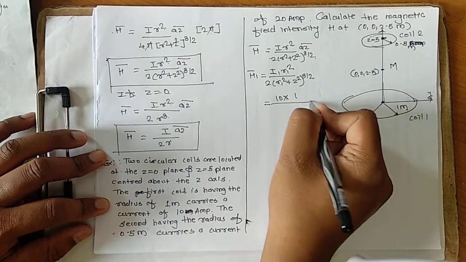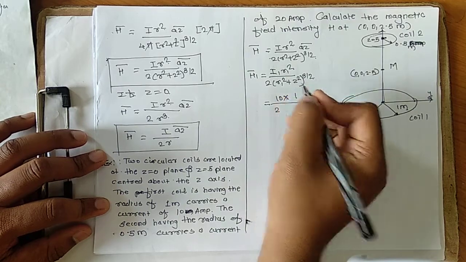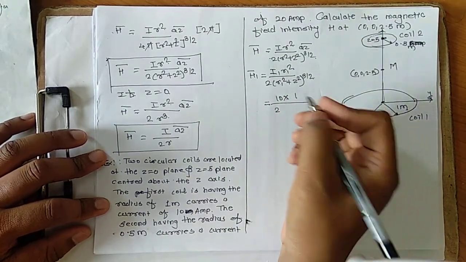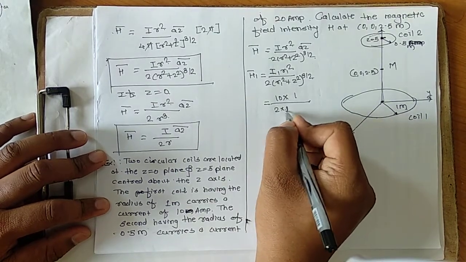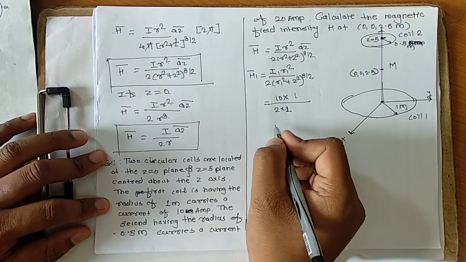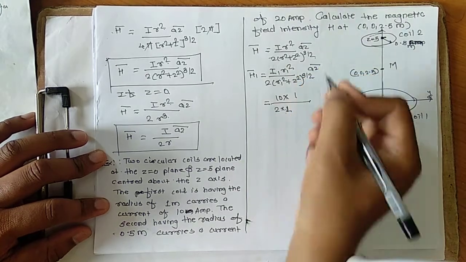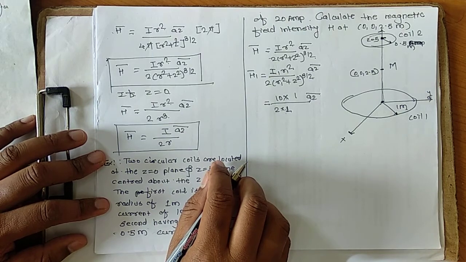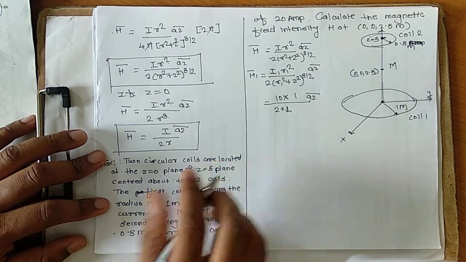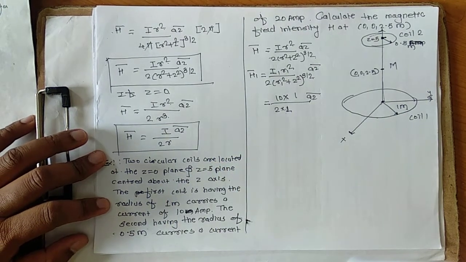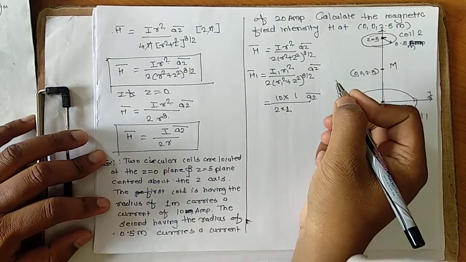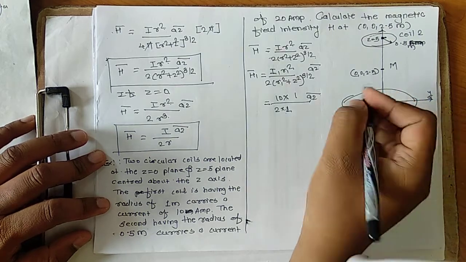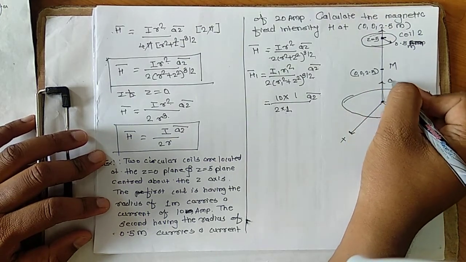So R1 square, with Z equal to 0, R raised to cube, radius is 1 meter, so into 1, AZ bar.